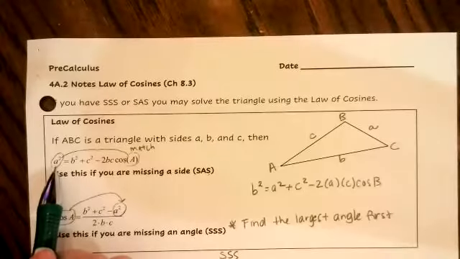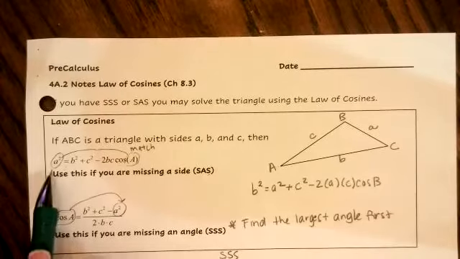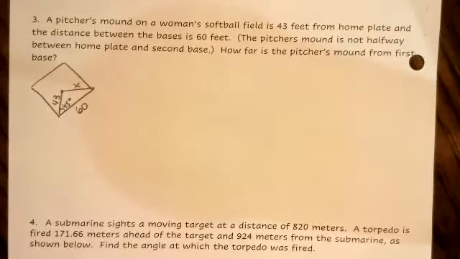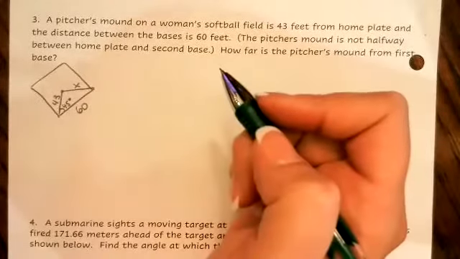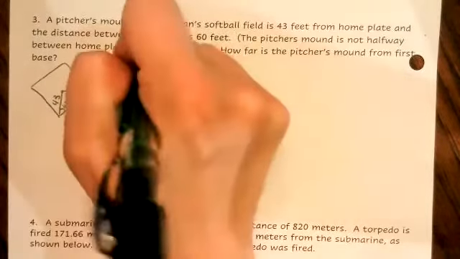And so with our formulas, it told us that if you were looking for the side length, you want to go with this formula. If you're looking for the angle, you want to go with this one. Since we're looking for the side length, I'm going to go ahead and use that formula right there. The one that is across from the angle, which is the one we're looking for, that's the one that goes on the outside.